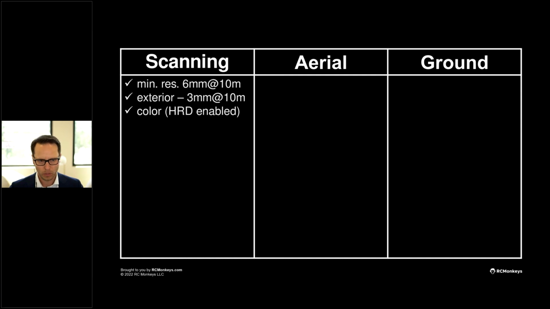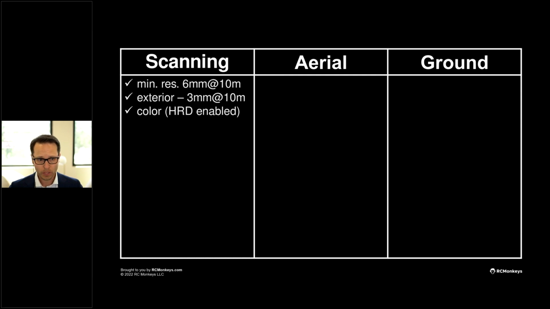So this is what we've learned: in order to get good results, you need to go with a minimal resolution of 6 millimeters at 10 meters. So that's about 1/4 of an inch at 33 feet. I would not go lower than that, because then the images that are being created out of those scans are too low resolution and not good for alignment.